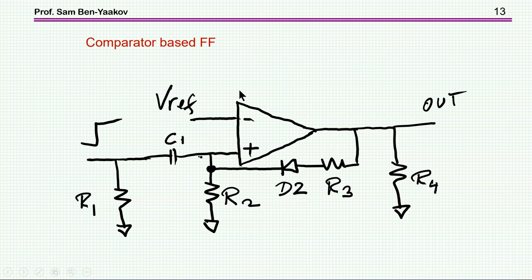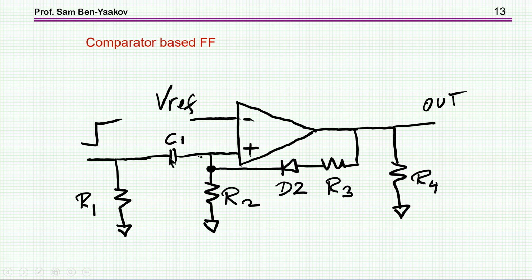So we can build a flip-flop around a comparator. The way we're doing it is that when the output is high, it'll lock itself. The high voltage will go back to the positive input and it will be kept at the positive, that is, the high signal. So here it is now. At the rise of the leading edge of the control signal, we'll get a pulse here. This will go high and lock itself.